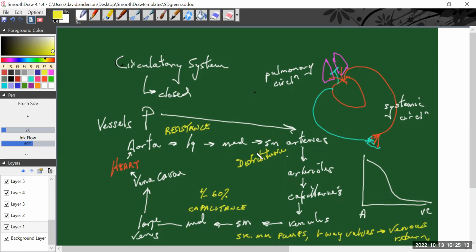In fight or flight, that would include skeletal muscles and the central nervous system as well as the heart. In rest and digest, it would change and be more directed towards digestive system and the kidneys, for example. Does that make sense? Are we okay with that? Yeah. Okay.